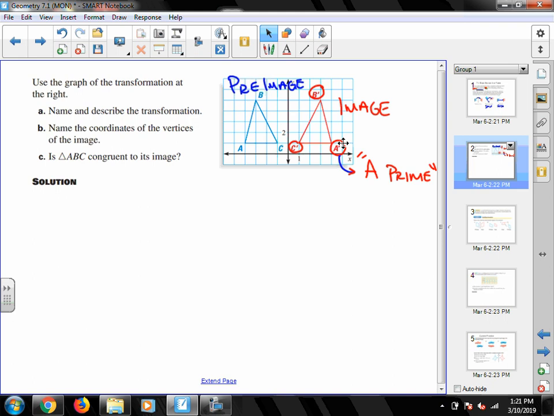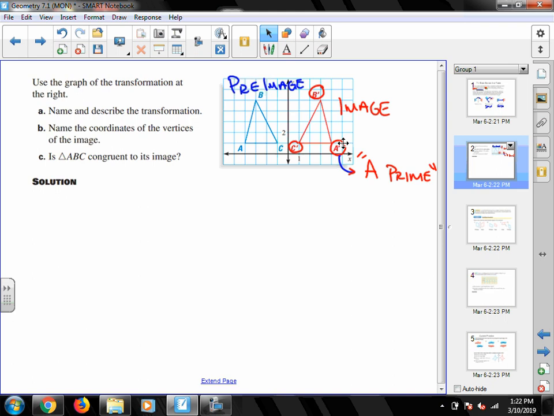So now I have to ask myself, what did I do to get the blue triangle on the left, that pre-image, over to the image? It doesn't look like I rotated it, so I can throw that out right away. Now I'm only left with reflections or translations.